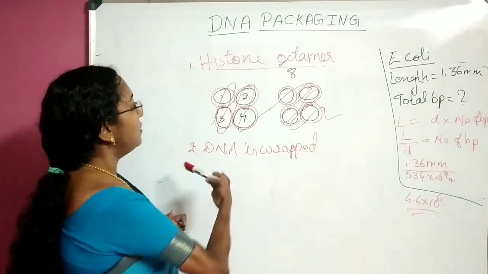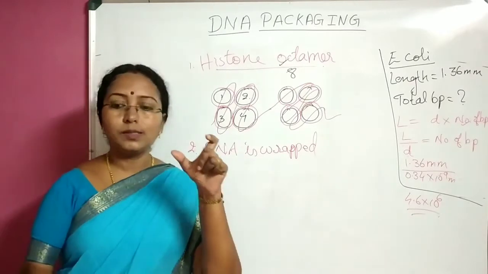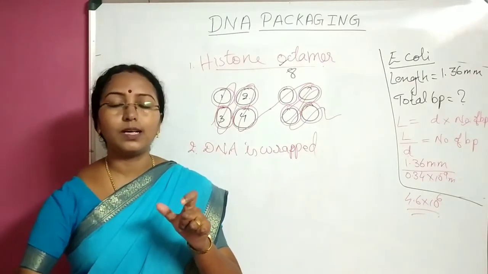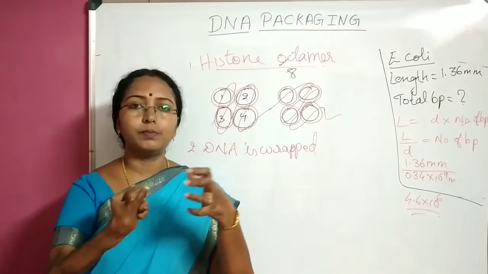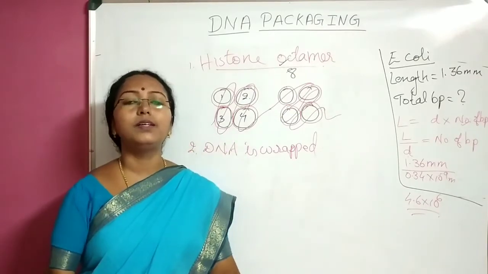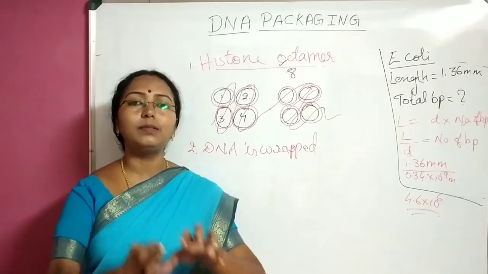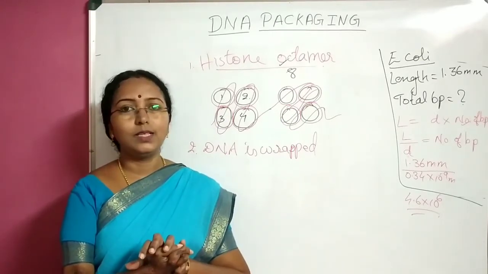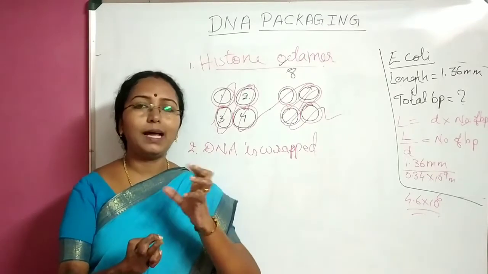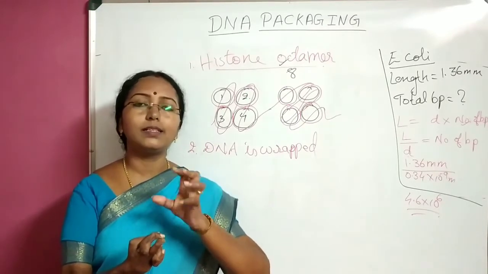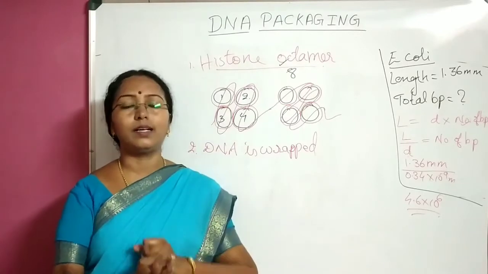When this DNA is getting wrapped over this positively charged histone octamer, the repulsive forces between the phosphates are getting reduced because there are positive charges in between. See how wonderful it is. How well planned our cell and DNA and this genetic material, everything is getting arranged.